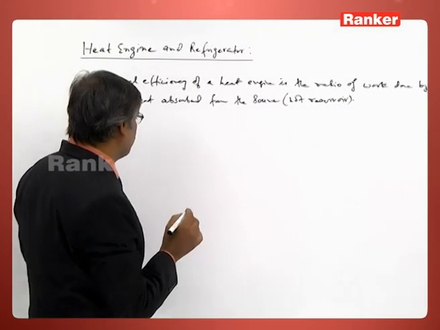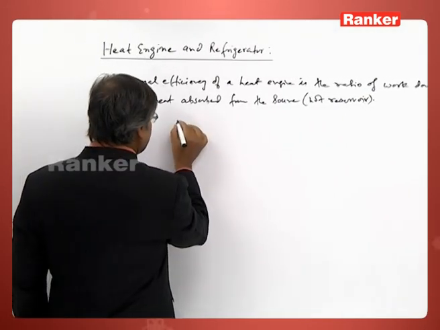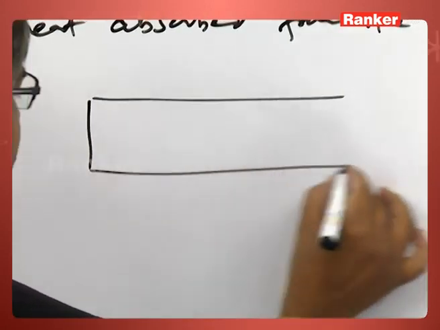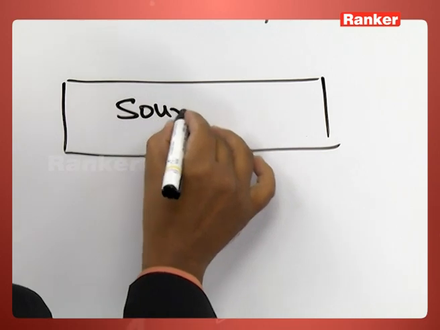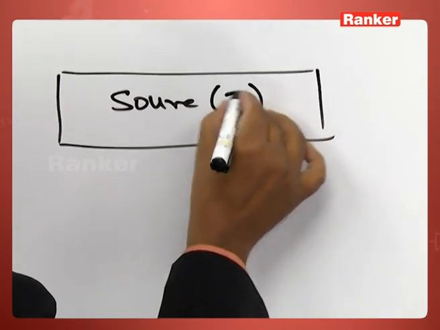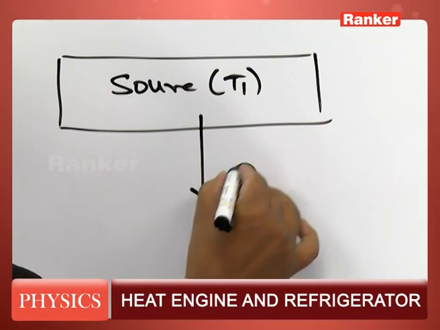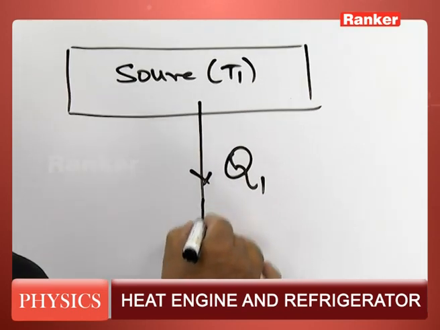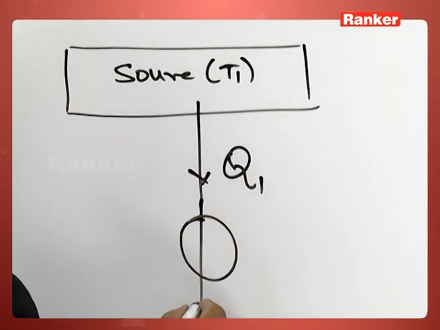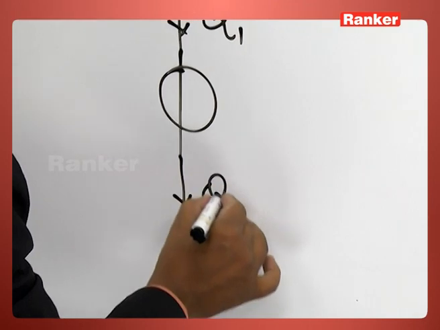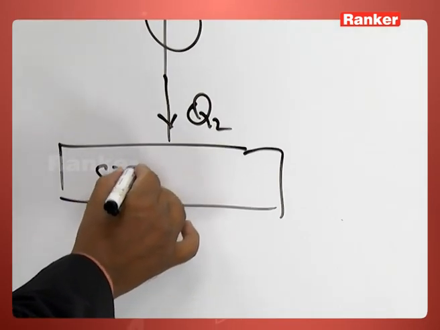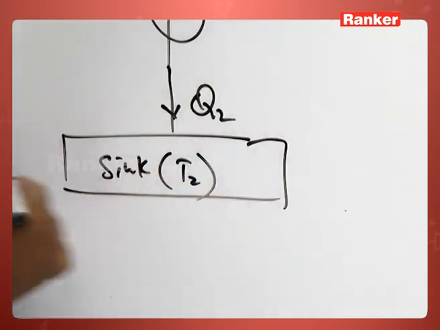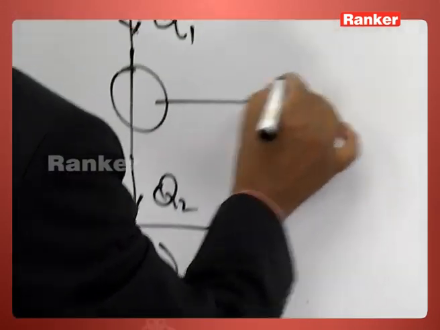So you see here, according to the schematic diagram, let us draw a short diagram. So this is the source at a higher temperature, I say T1. It takes Q1 amount of heat and then it rejects some of the heat Q2 to the sink at a lower temperature, say T2, and then does some useful work.